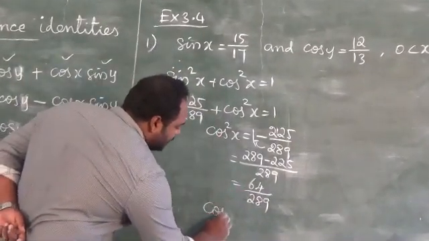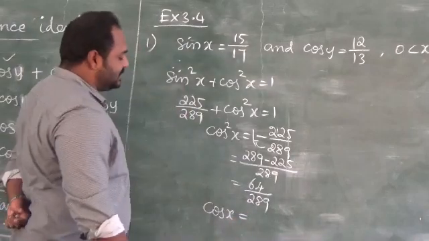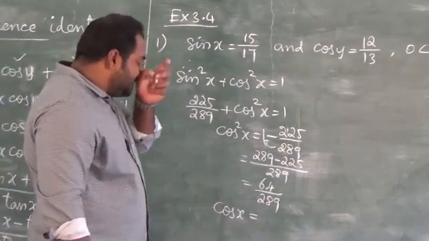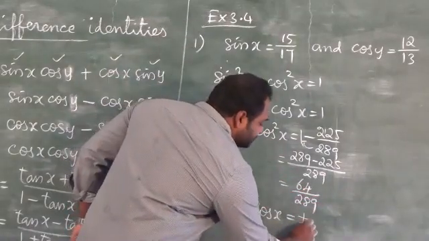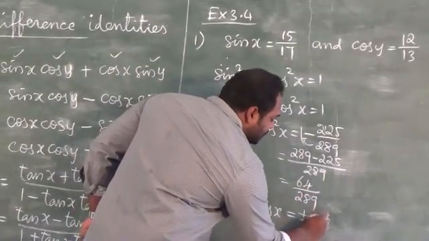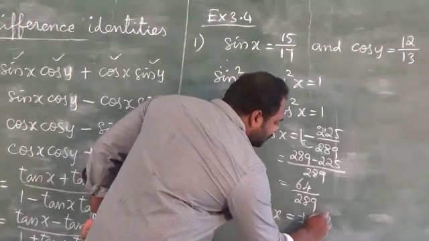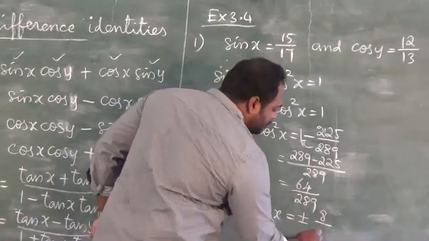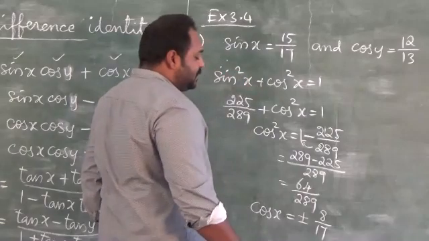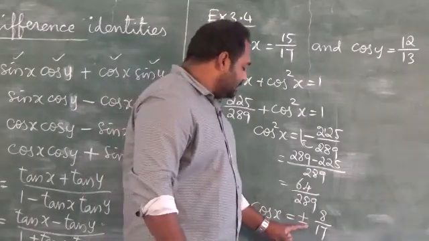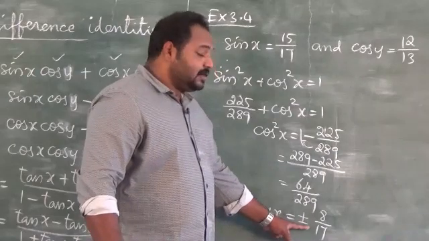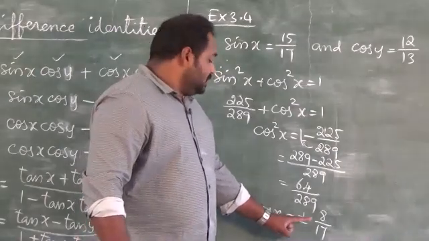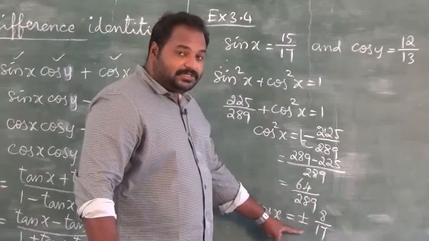I need only the cos x value. How can we find it? Take the square root of the right hand side. If you do, it is plus or minus 8 by 17. Here we have plus or minus values, so we have two values for cos x, but we are going to take only one, whether positive or negative.